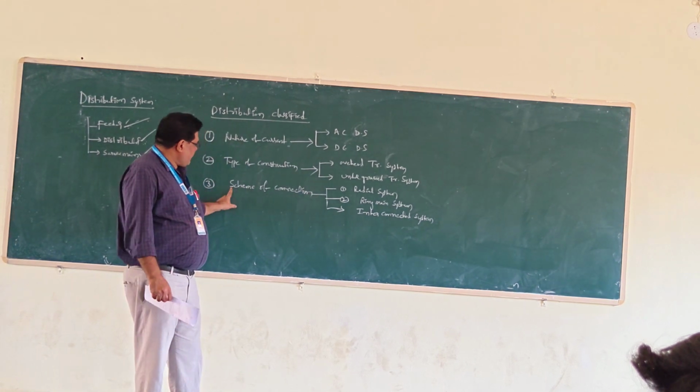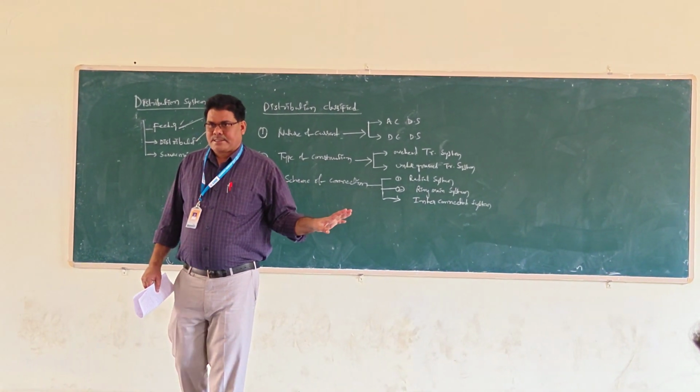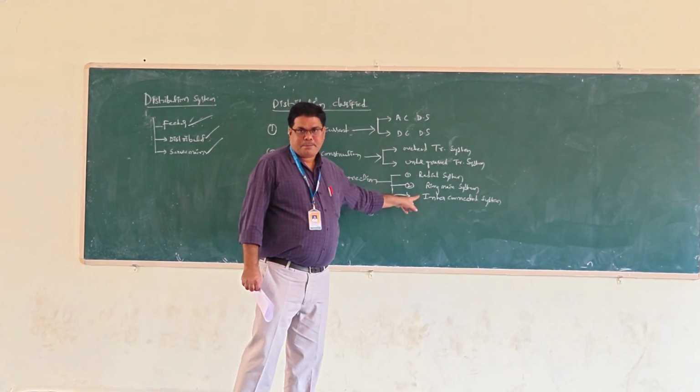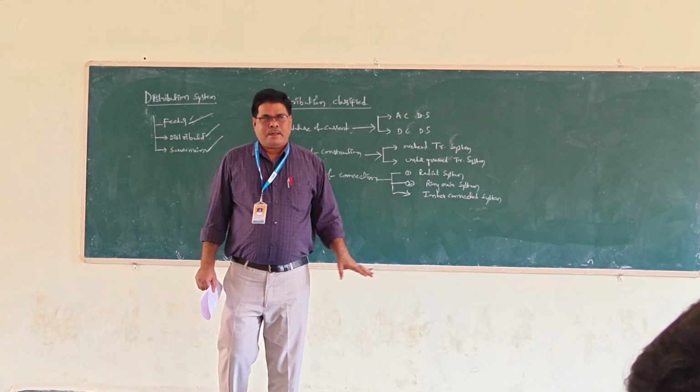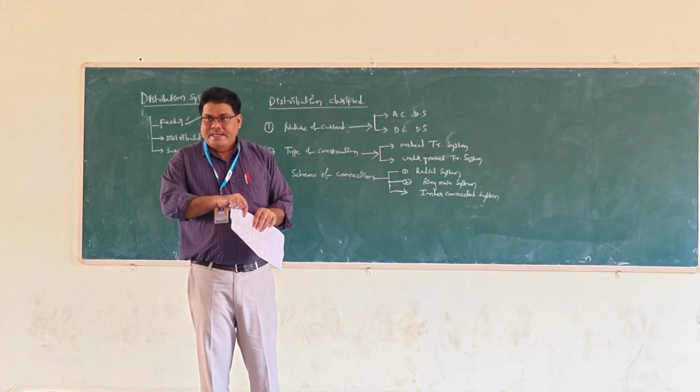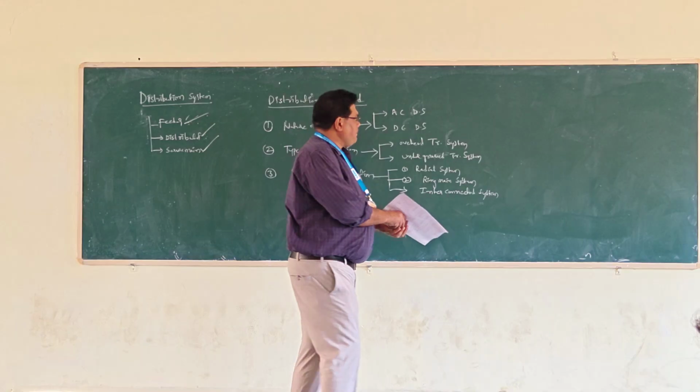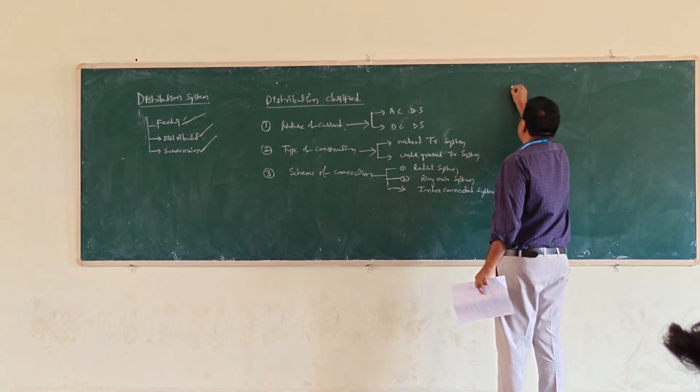Coming to scheme, meaning method of connection: radial system, ring main system, interconnected system. Number one, radial system.